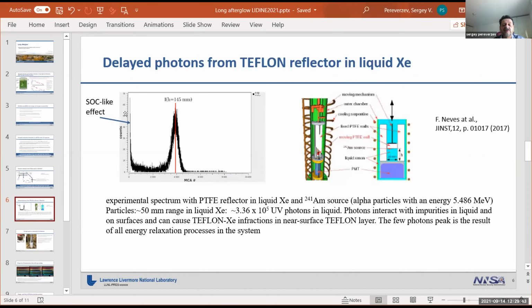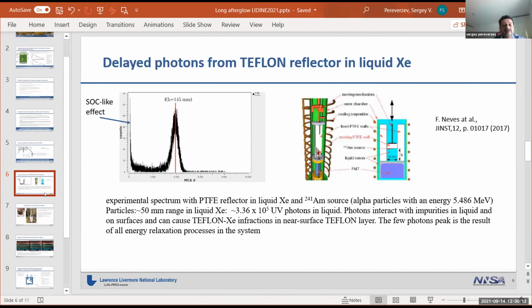But they also see a peak rising toward zero energy, few photons. These are events where you have 1, 2, 3, like 5 photons. And this may be this self-organized criticality type effect, when energy is stored in these energetic molecules and released in avalanches.